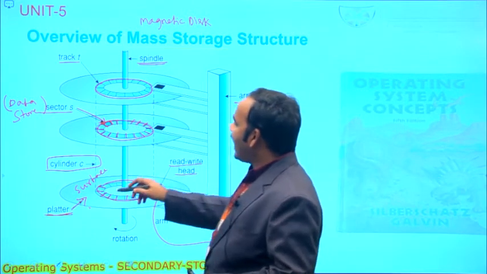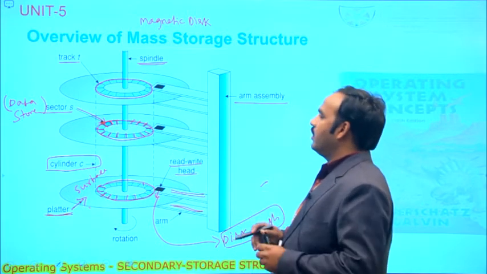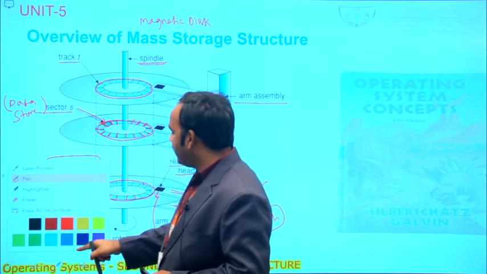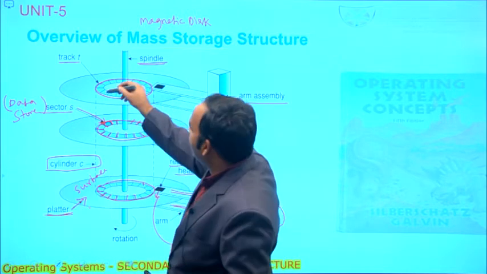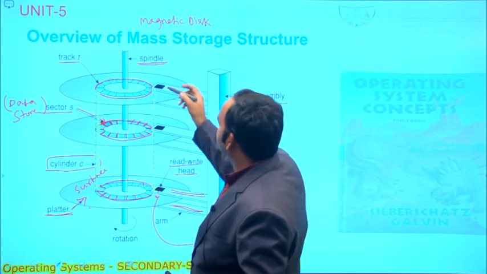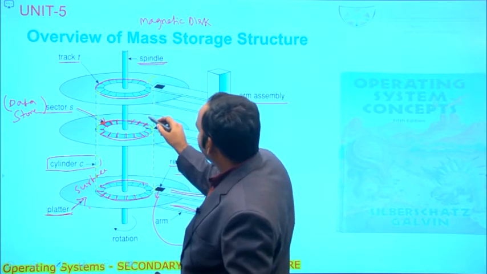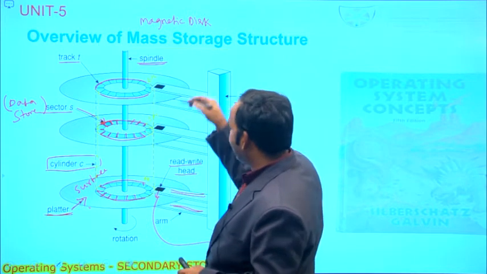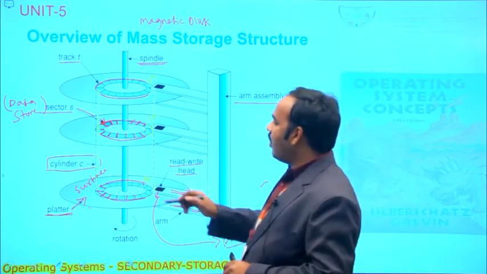The same track in all platter surfaces is called a cylinder. Suppose this is the 10th track here and the 10th track here. So the 10th track on all surfaces of the platters is called a cylinder.